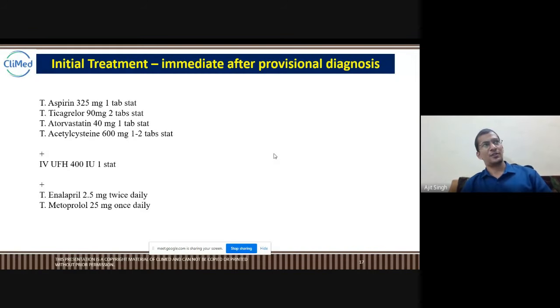Breathing problem is a minor indication, but majorly why are we giving it? Because it will decrease the gastritis effect of aspirin at high dose. Because the patient has to undergo angiogram and angioplasty, acetylcysteine will suppress the gastritic effect of aspirin. And what?